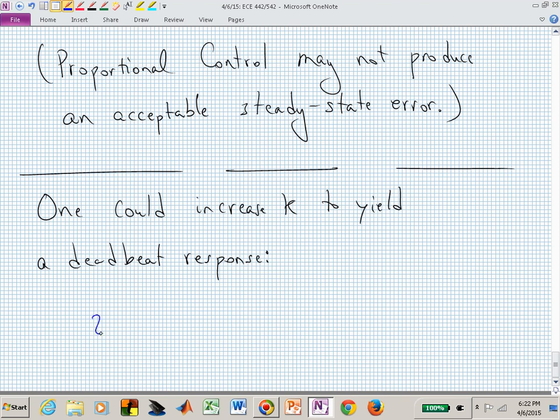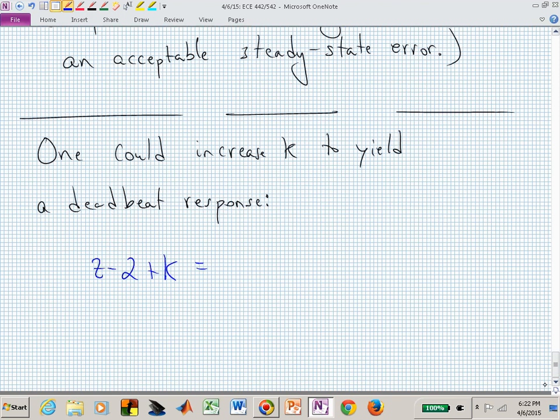I have z minus 2 plus k, and if I want a deadbeat response, what do I want to set that equal to? Let me emphasize the deadbeat nature, and I'll just say minus 0. This is, I want a desired pole at the origin.